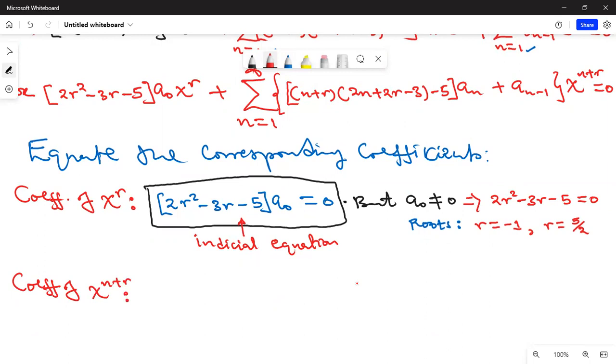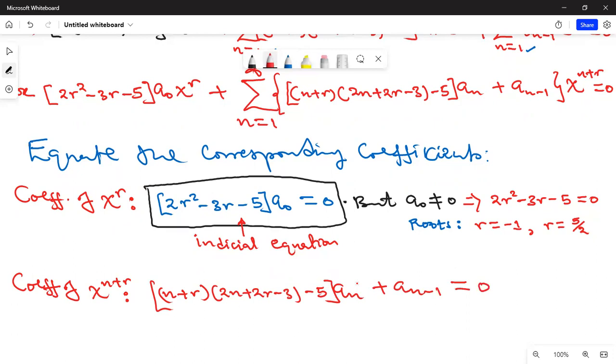It is n plus r times 2n plus 2r minus 3 minus 5. This should multiply an, then plus an minus 1. On the right hand side, it should be equal to 0.